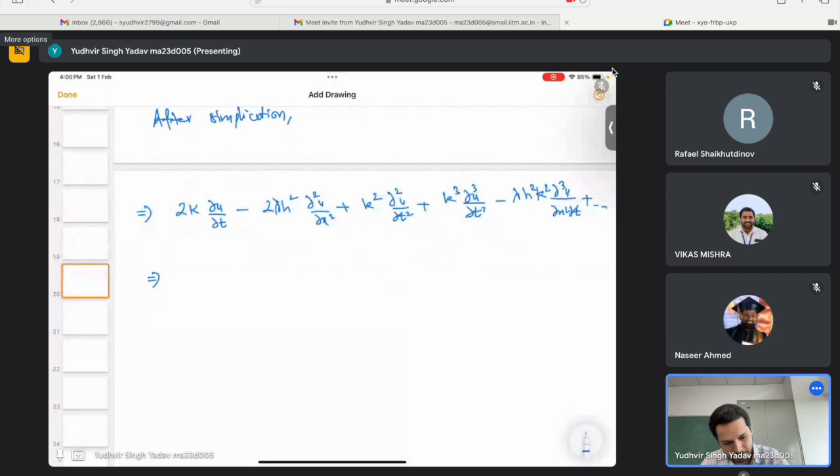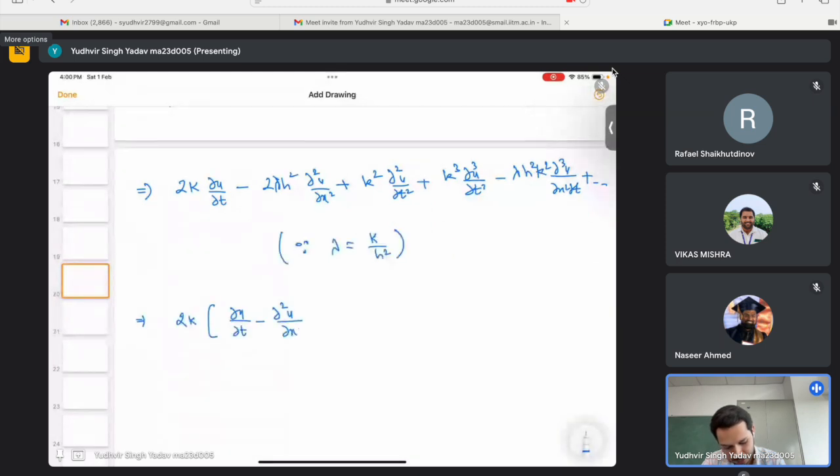So here lambda is nothing but k by h square. So from the first two terms, we can take 2k common. So it will be nothing but del u by del t minus del 2u by del x square.